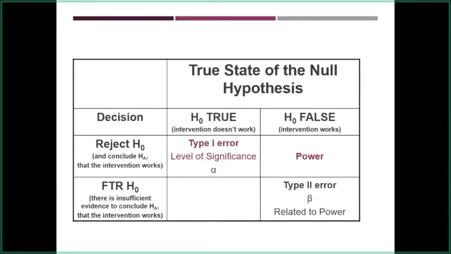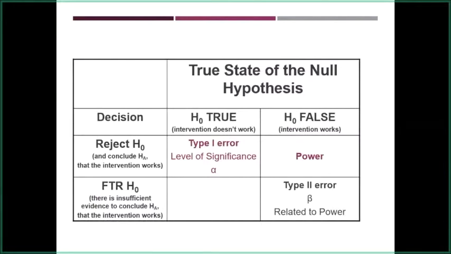You will, I don't want to say never, but you will almost never hear me say, we accept the null hypothesis. That's just not how our statistical framework is set up. So if there are these two possibilities for the truth of the null hypothesis and two decisions that we can make, then what we wind up with is this 2x2 table that you see on your slide.